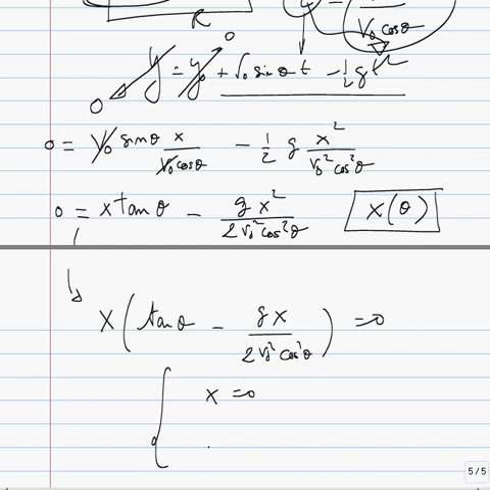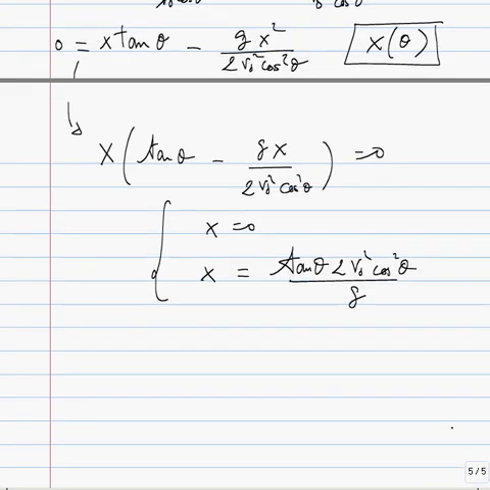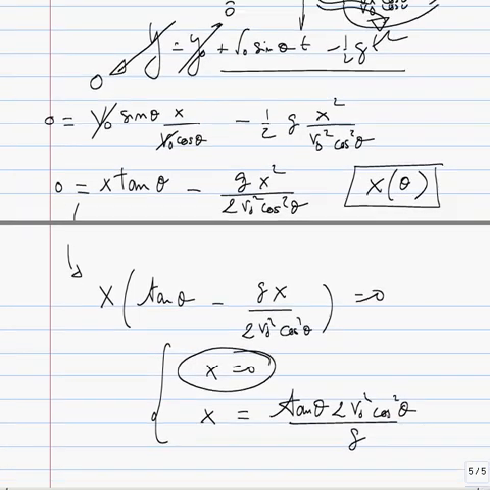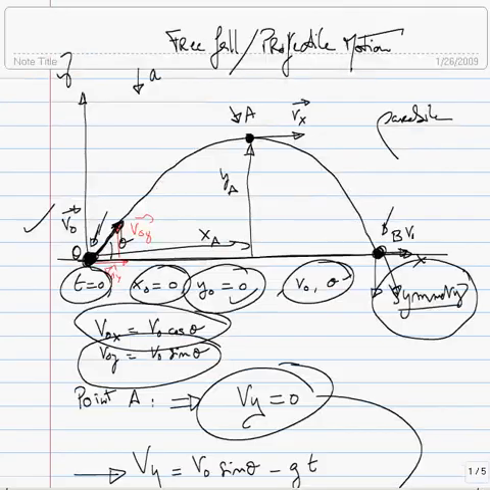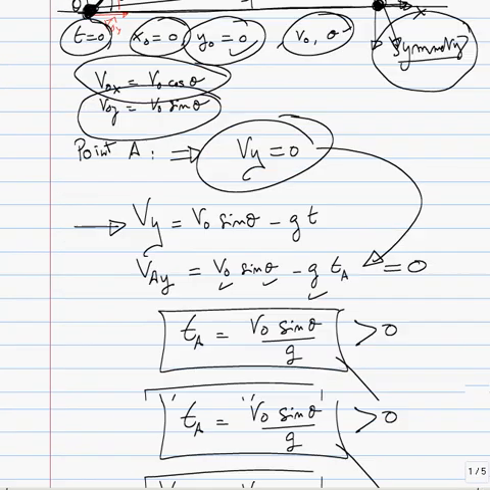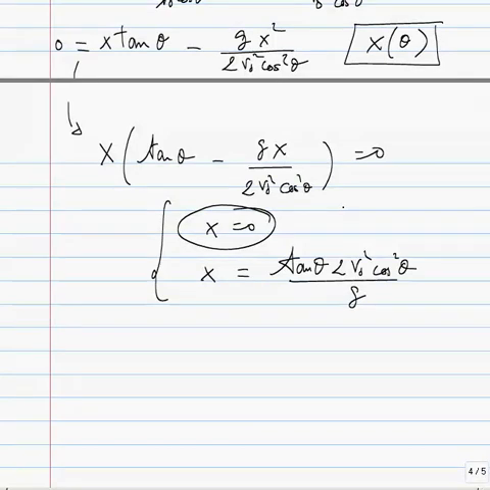Therefore, two solutions arise: x is equal to 0 and x is equal to tangent theta times 2 v naught squared cosine squared divided by g. For x equal to 0, remember, I made the assumption that y was equal to 0, which also referred to my initial condition. So the first solution gives me my t equal to 0 case, which I don't care about. This is the one that's interesting.